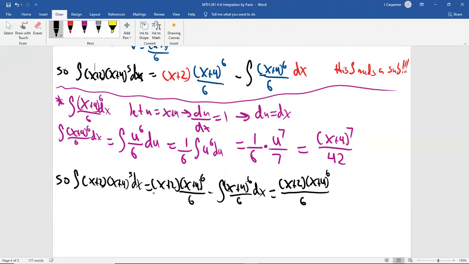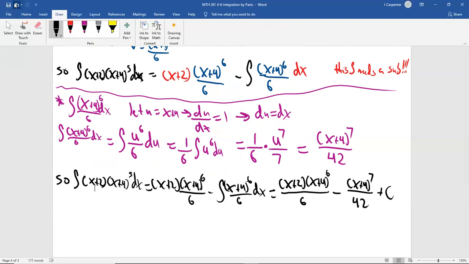You can write that as one big fraction. So this bit right here is what I just wrote. Then minus, and we just got our integral. It's (x plus 4) to the 7th over 42, and now we have our plus c.